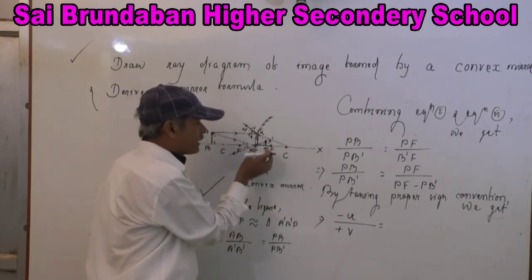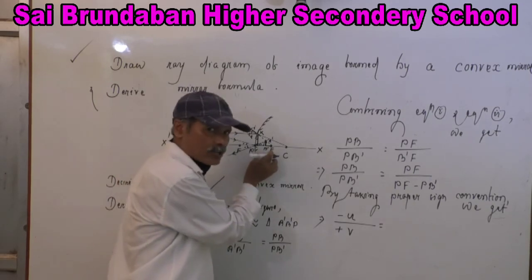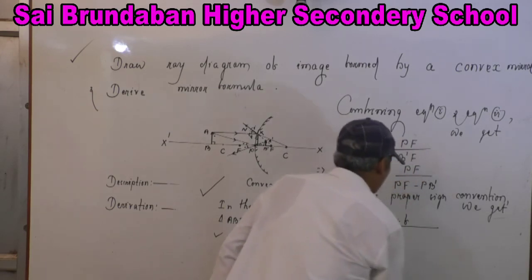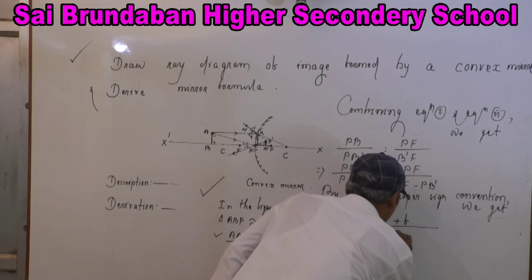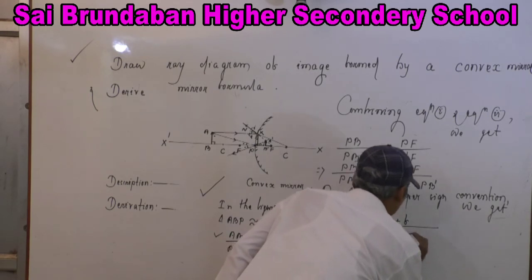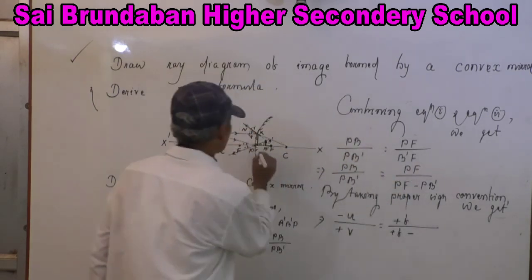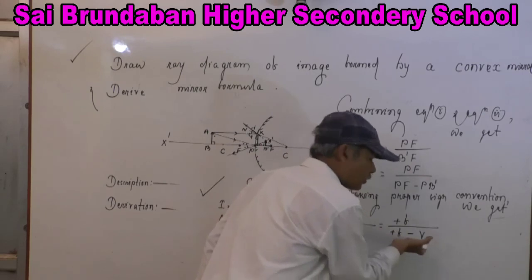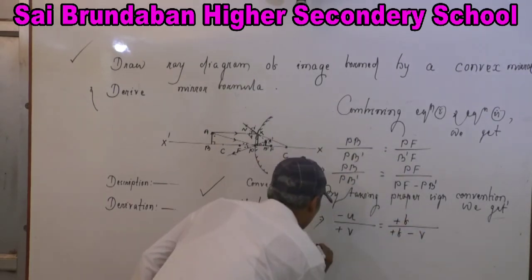That's why it is taken as plus f, whole divided by plus f minus PB dash, which is plus v. So you can directly write v.